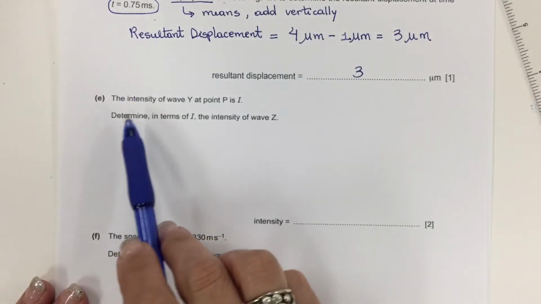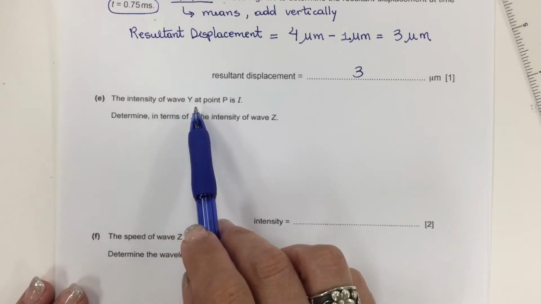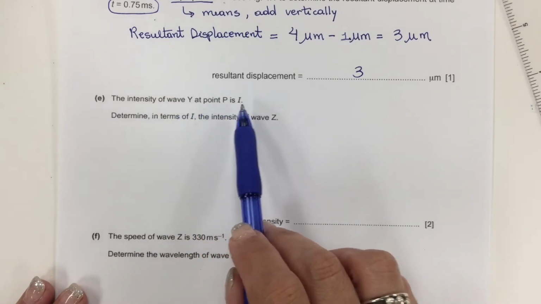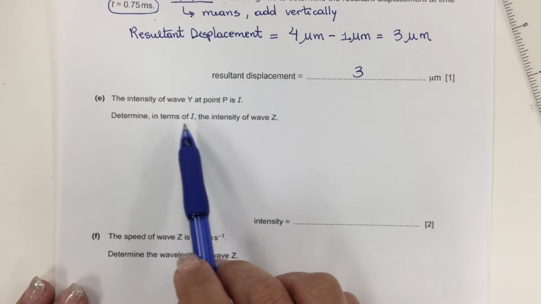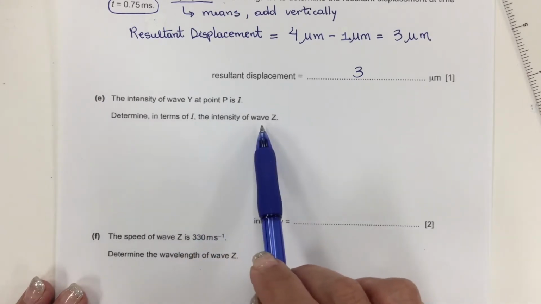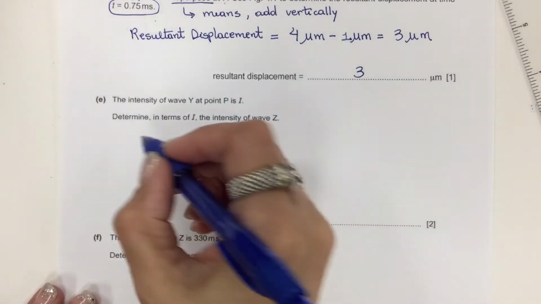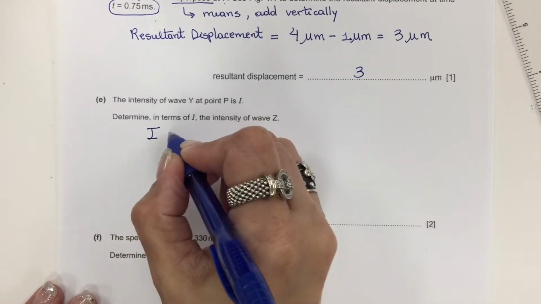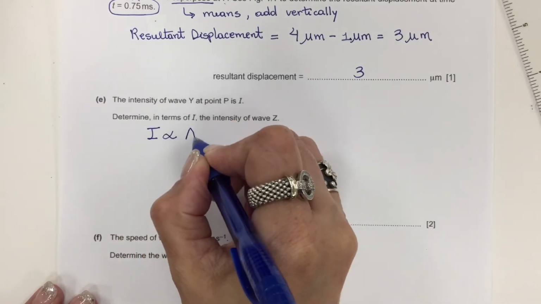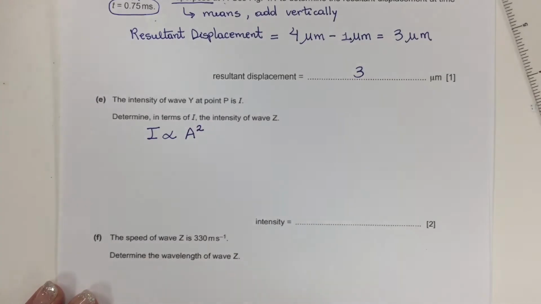Question E. The intensity of wave Y at point P is just I. Determine in terms of I the intensity of wave Z. First off, the intensity of a wave is proportional to the square of its amplitude.